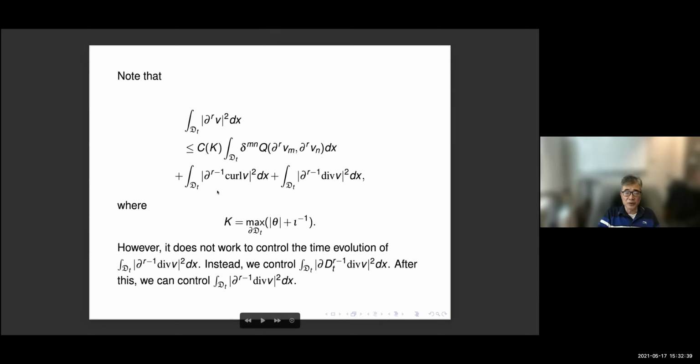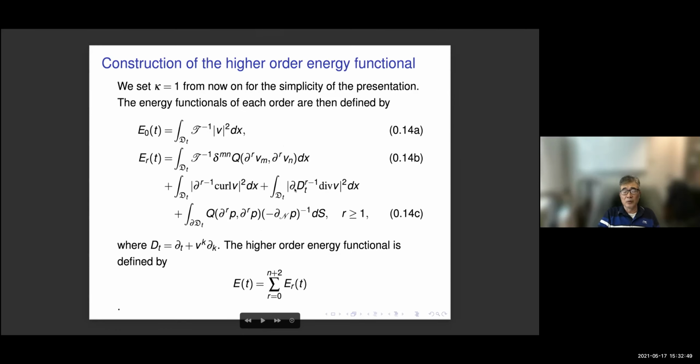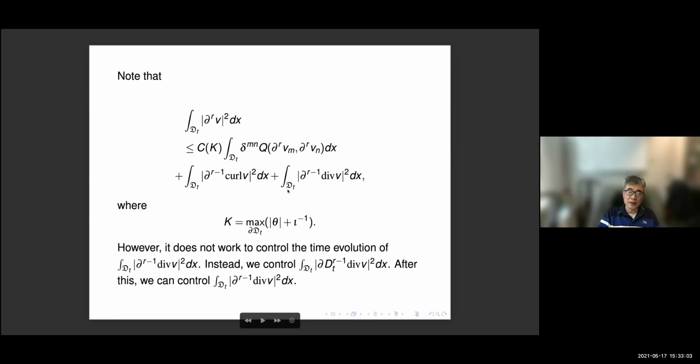But here you see there's a difference. Here the integral is of the (r minus 1)-th space derivative of divergence V, but here the problem is different. It is about the (r minus 1) time derivatives, then one spatial derivative. So it's different. You may ask why don't you use this?